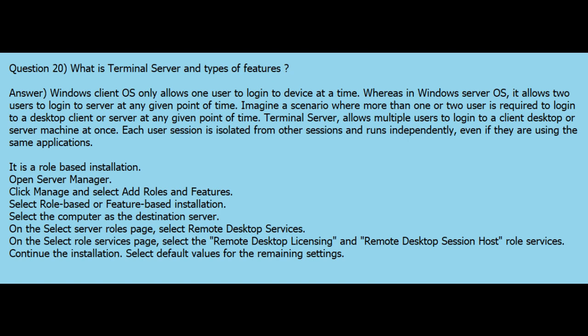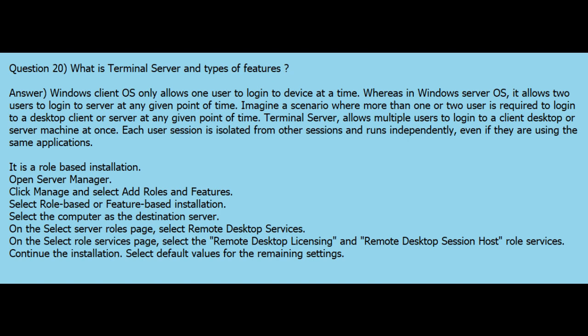Imagine a scenario where more than one or two users are required to log in to a desktop client or server at any given point of time. Terminal server allows multiple users to log in to a client desktop or server machine at once. Each user session is isolated from other sessions and runs independently, even if they are using the same applications.